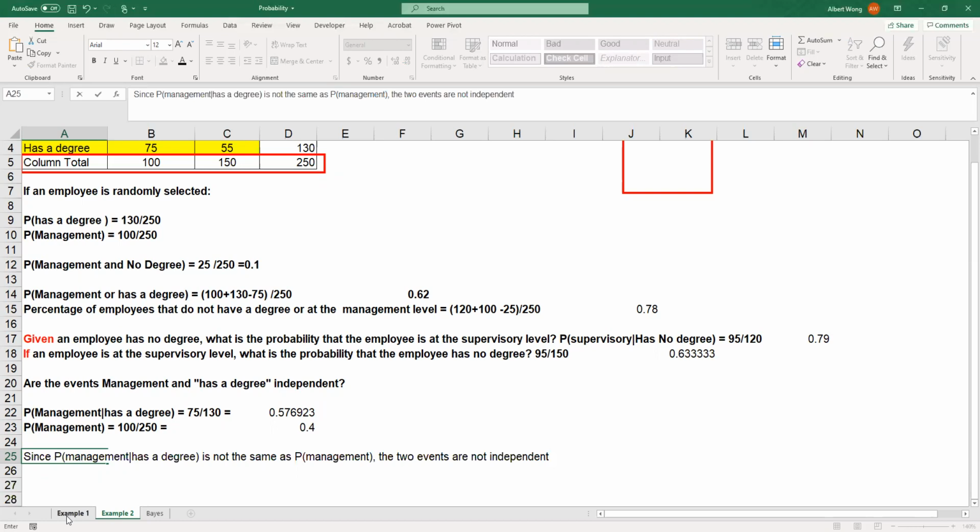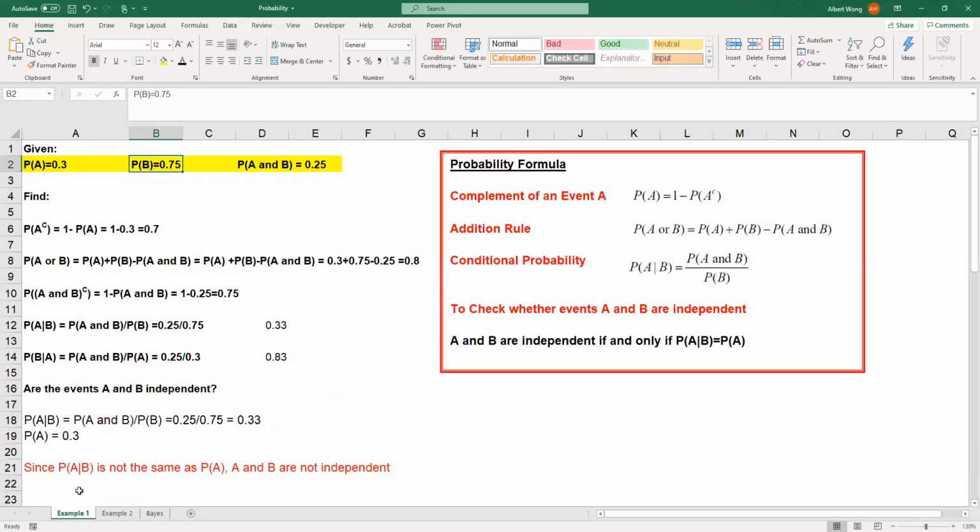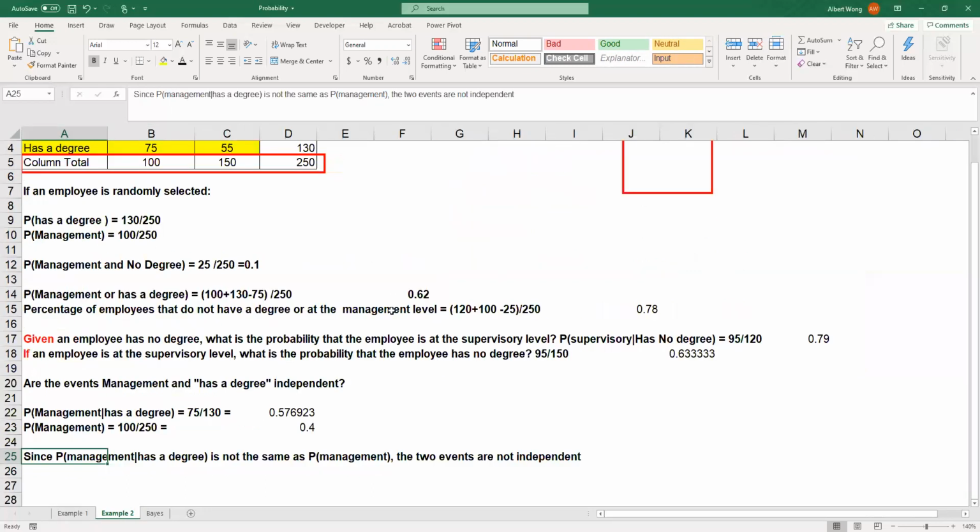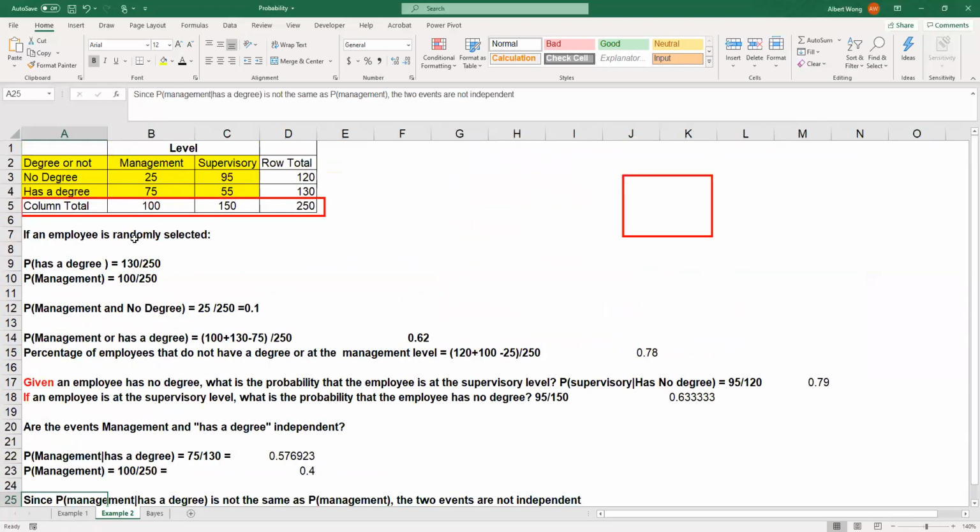So in these two examples, we have seen how probabilities can be calculated using the formula, or we can just use common sense, if the data is summarized in a contingency table and we're using the relative frequency approach to calculate probabilities.